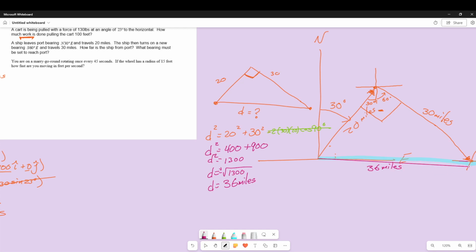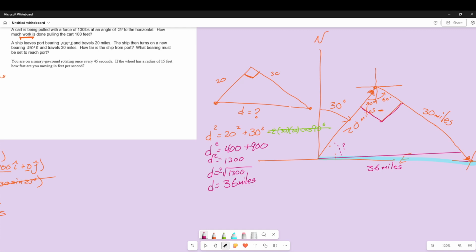We don't know if it's stopping below the axis or above the axis. With how I've drawn it, it looks pretty straight on. It looks a little bit above, but we don't know exactly where that is. I'm going to put it there just for the sake of argument. So we don't actually know what this angle is. The only angle we know is this big one, which is 90 degrees.